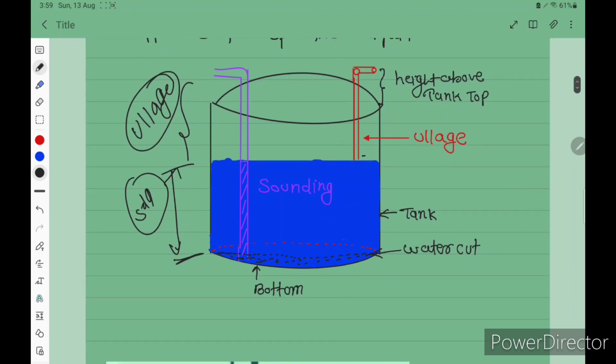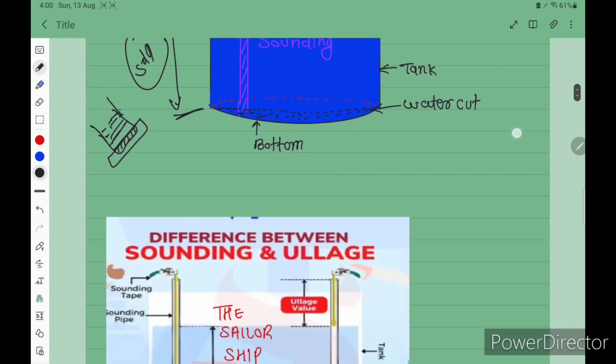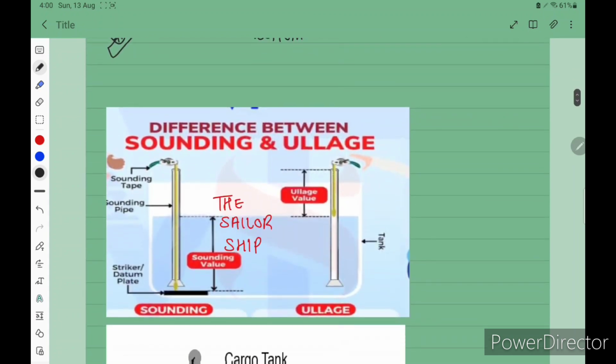And you know this water cut or oil dip: the density of oil is lesser than the water, so it will float on the top of the water. So let's see, if you load the cargo till here, but during the survey they found this water cut, that means water is up to this mark. So this is a water cut or oil dip. Now the same things, ullage and the soundings.